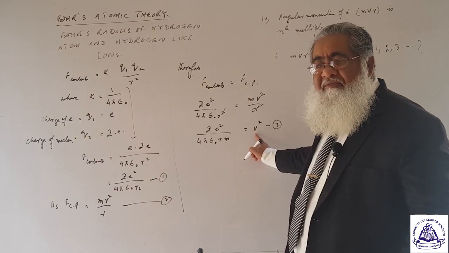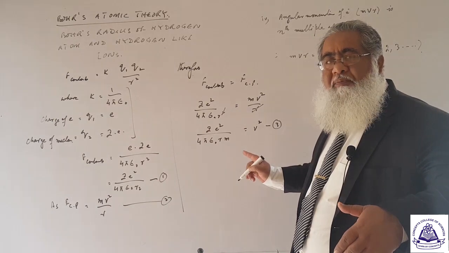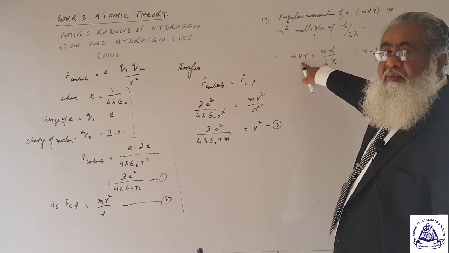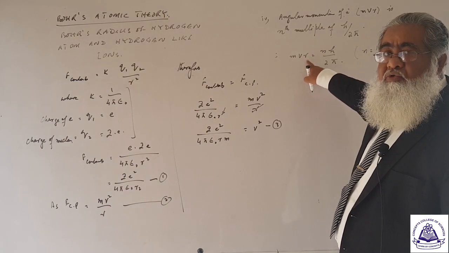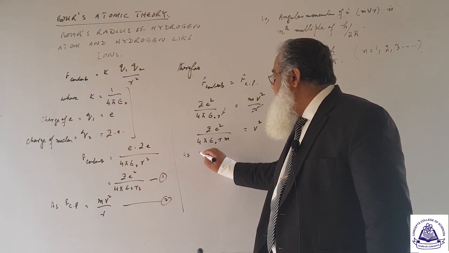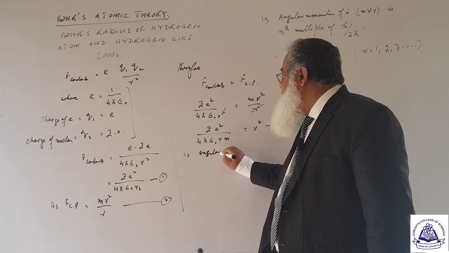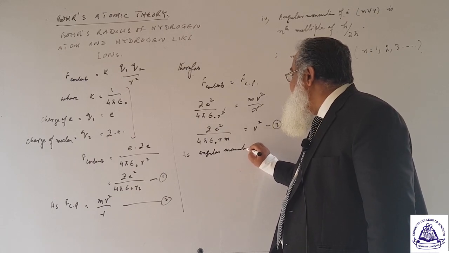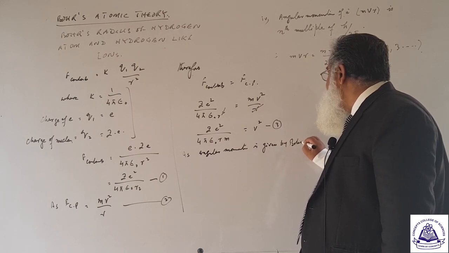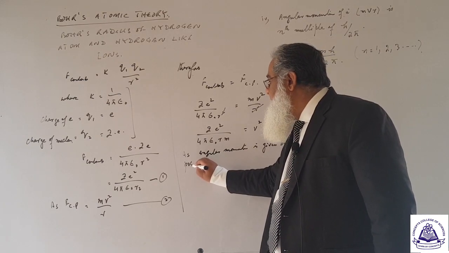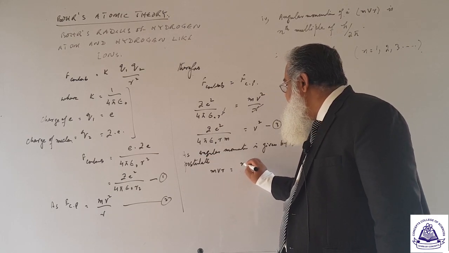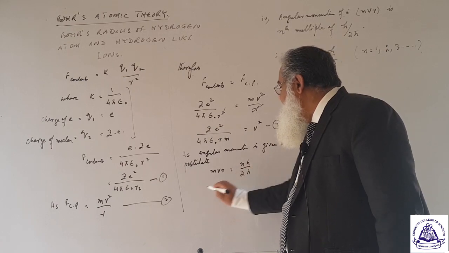This velocity varies shell to shell, therefore it should be replaced by some known factors. As we already have studied, angular momentum of the electron, given by Bohr's postulate, mvr is equal to nh over 2 pi.